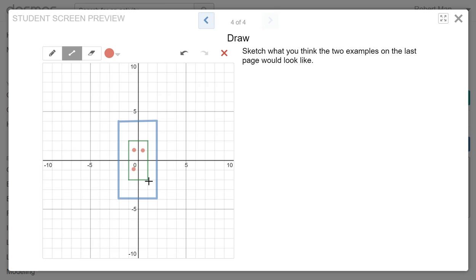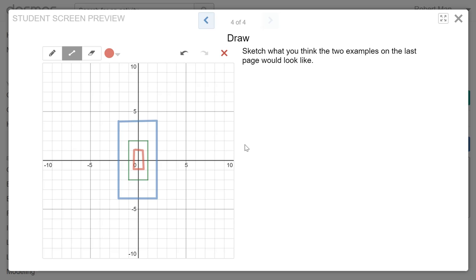And (1, -2) becomes (1/2, -1). Now if we connect all of these, I'll do my best to keep it straight, but no promises. Doesn't look like I failed on the first one anyway. But we have a smaller rectangle inside our original rectangle.